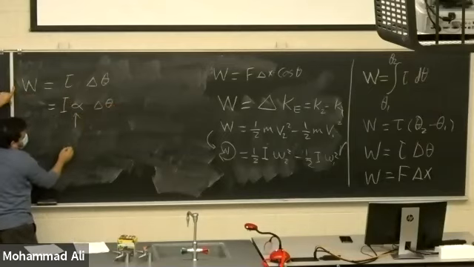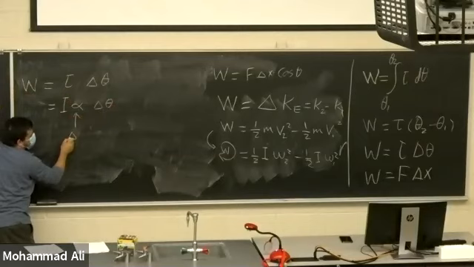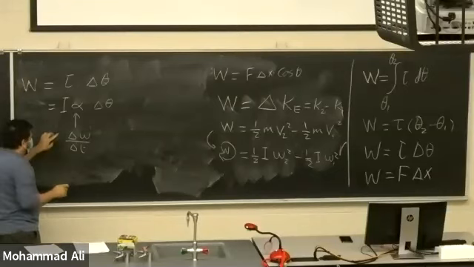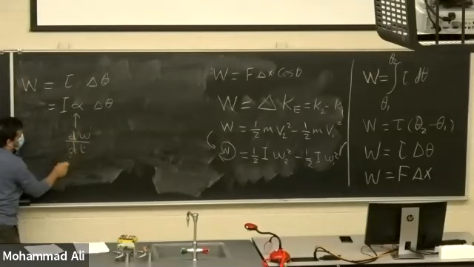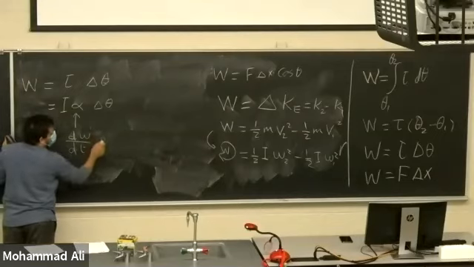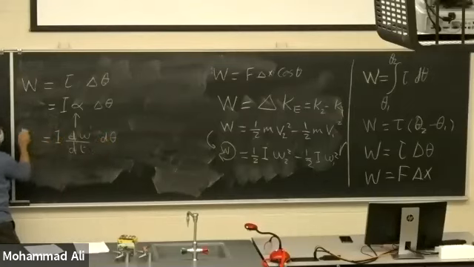We know that alpha is delta omega over delta t, or d omega by dt. The acceleration is the time derivative of the velocity. And this is dt, this is d theta, this is I, and this is equal to the work.